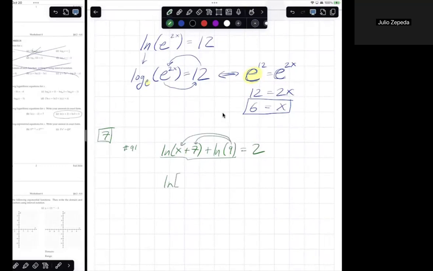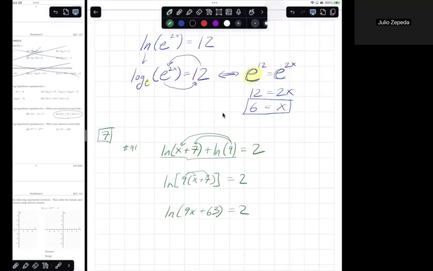Just to show the work, I'll write it as 9 times x plus 7. Distributing the 9, we get the natural log of 9x plus 63.